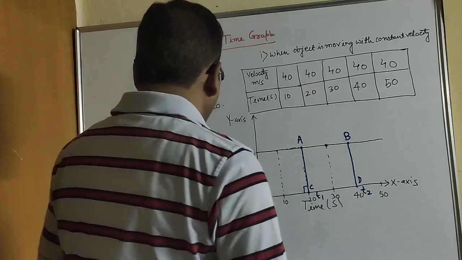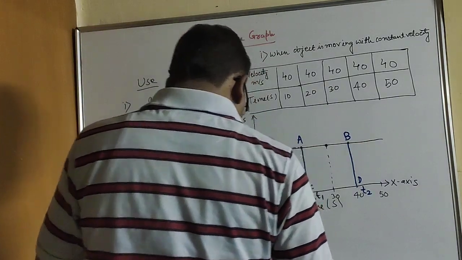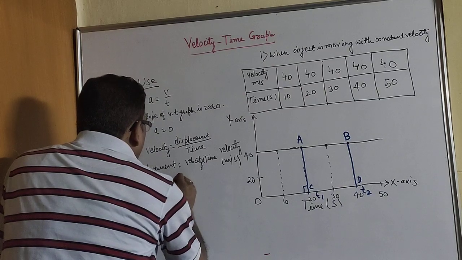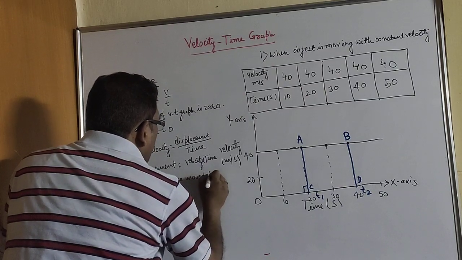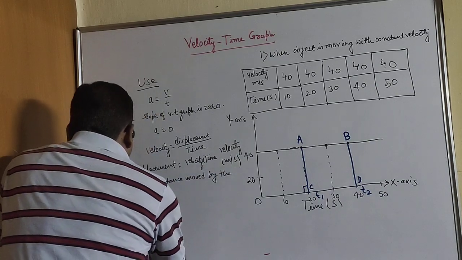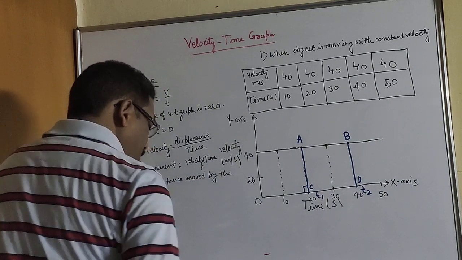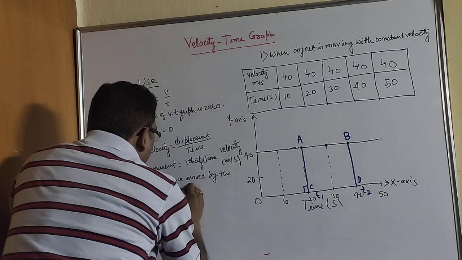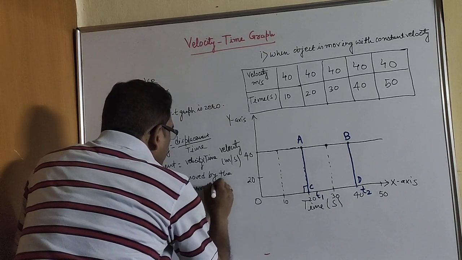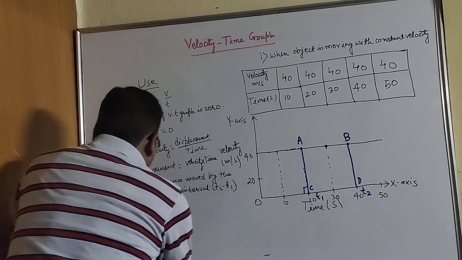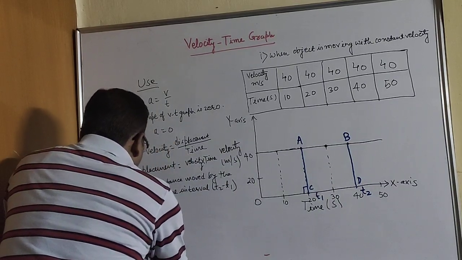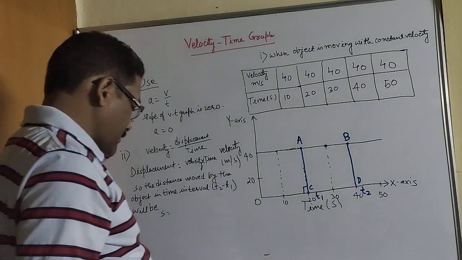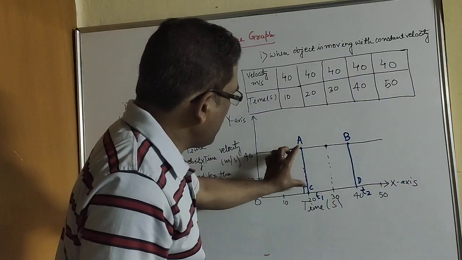So the distance moved by the object in time interval T2 minus T1 will be simply S is equal to AC into CD.